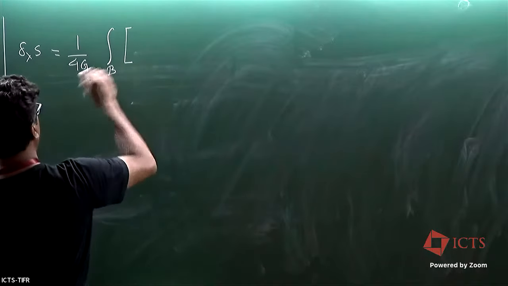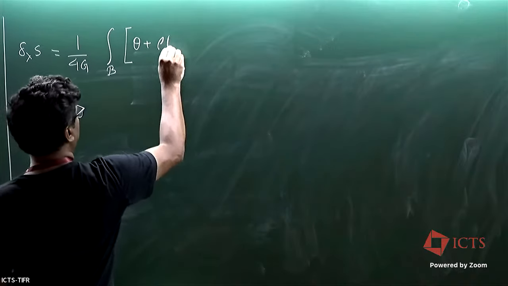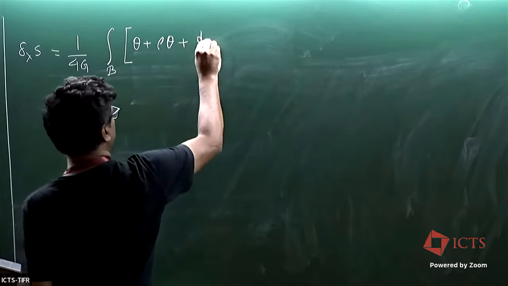Let me write it: lambda times (theta plus rho theta plus ...) integrated from lambda 1 to lambda 2, d^(D-2)x.